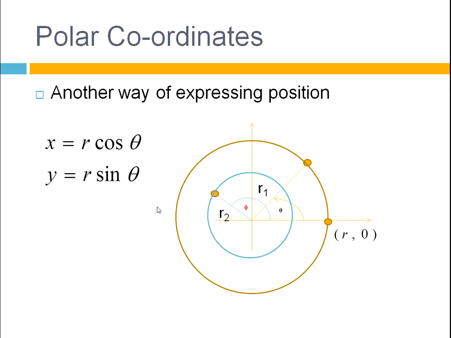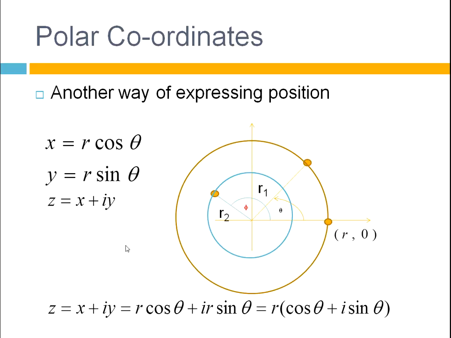And you repeat this for any point on the circle, and it will convert between polar and your rectangular normal xy coordinates. If you remember, a complex number is written z equals x plus iy. So if you substitute this and this into your x plus iy, like so, x is r cos theta, that goes in there, y is r sin theta, that goes in there, you get this expression here, which is exactly the expression on the previous slide.